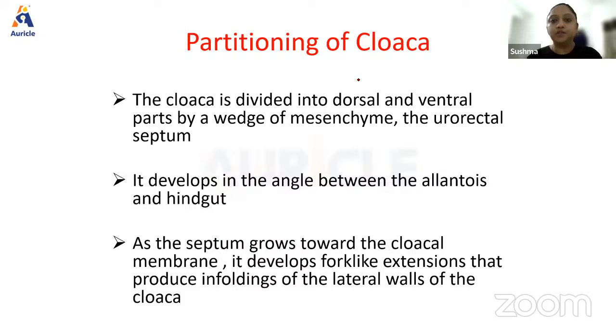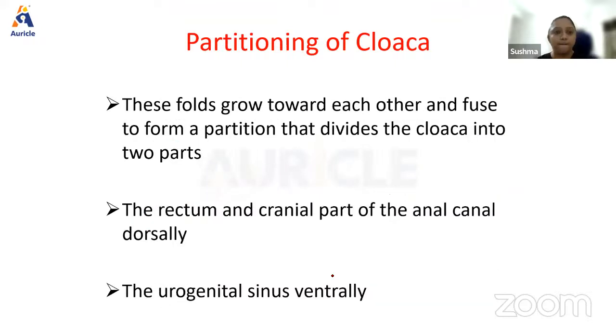Next, partitioning of cloaca. Now the cloaca is divided into dorsal and ventral parts by a wedge of mesenchyme called the urorectal septum. This develops in the angle between the allantois and the hindgut. As the septum grows towards the cloacal membrane, it develops fork-like extensions that produce infoldings in the lateral walls of the cloaca.